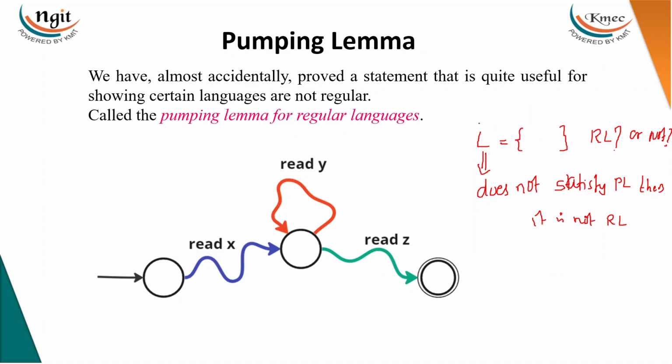It may or may not be. But if it does not satisfy, then it is not regular. So if you are given a language and asked to prove it, of course you apply this lemma. If it is satisfying, well and good, you cannot tell an answer. If it is not satisfying, you can conclude that it is not regular.